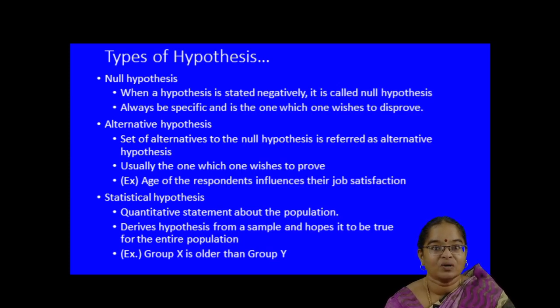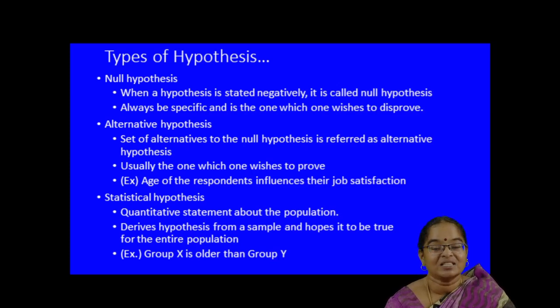Everyone wants to disprove this hypothesis, that is, reject it. Examples: age does not influence the job satisfaction of the respondents; cigarette smoking is injurious to health; the drug found for curing dengue fever is not effective. When such negative statements are framed, it is known as a null hypothesis. Everyone wants to disprove this statement only.